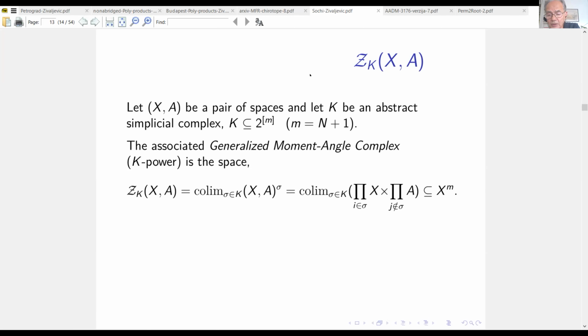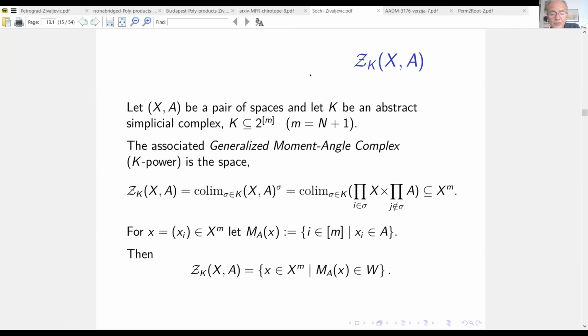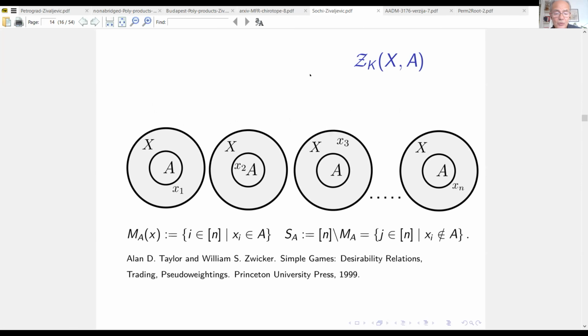And I will not, again, follow this very much, but I just want to ask you, it is always interesting when you have the same object, a simplicial complex, to look at it from many different points of view: simple games, polyhedral products, Bier spheres, and to try to recast the definition using different languages.